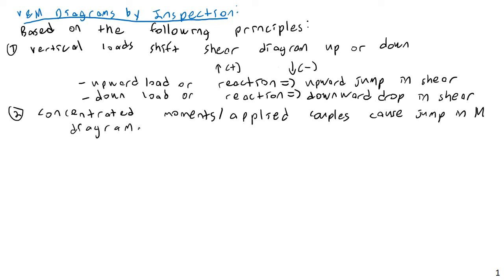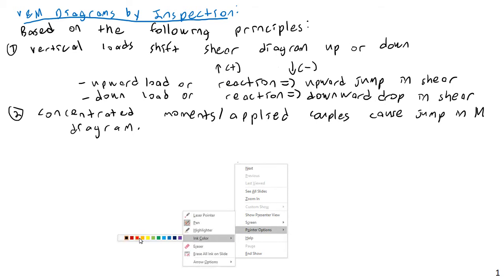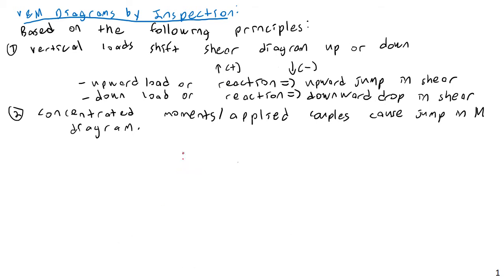And this one is a bit interesting, because unlike the shear, where an upward reaction causes an increase in the shear, and really that's because of the negative we had in our equation before, here a counterclockwise applied moment will cause a negative jump in the moment diagram.